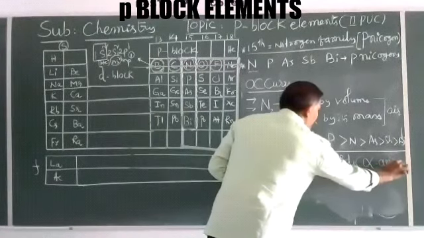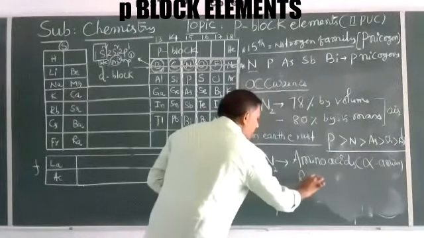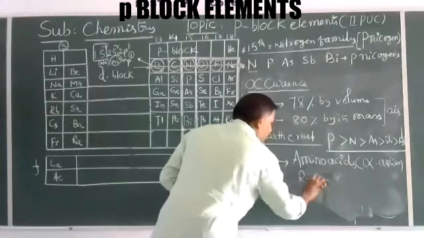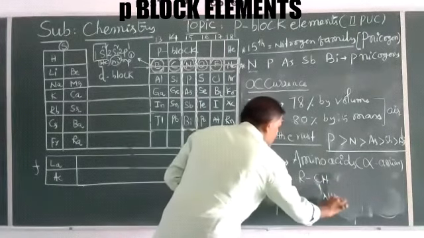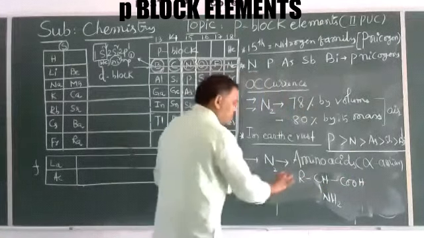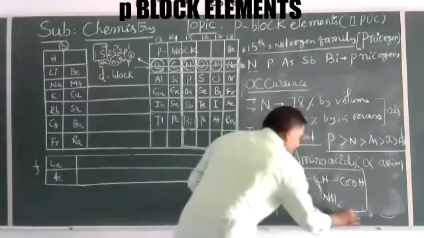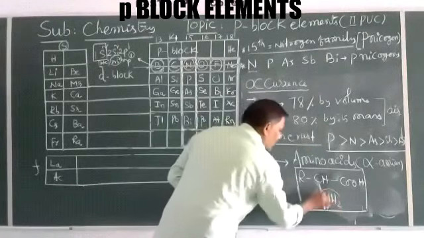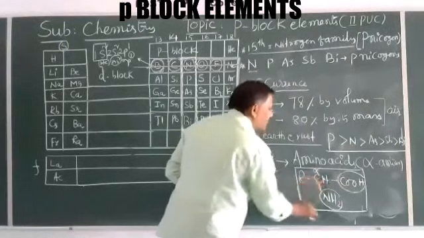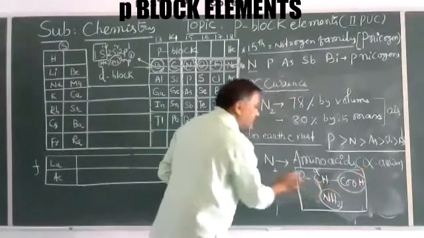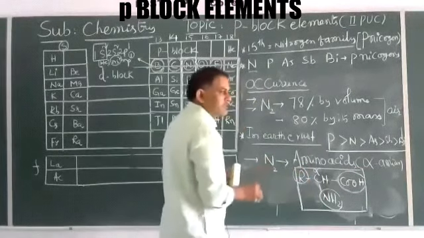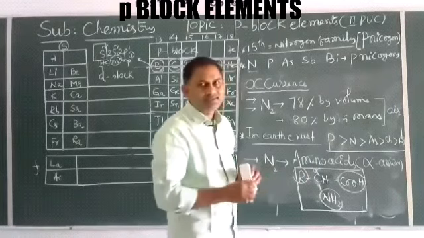The general formula is R-CH(NH2)-COOH. So in these amino acids, an amino group is there and a carboxylic group is there at the alpha position. That's why they are alpha amino acids. When the R value, the alkyl group, changes, we get the 20 amino acids.